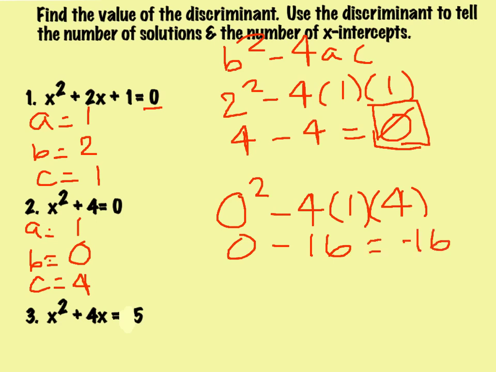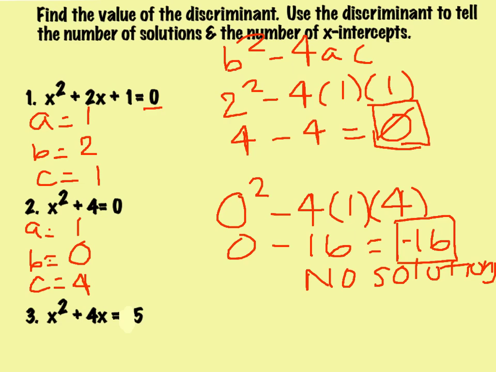Again, this is not the solution to the quadratic formula, but because the discriminant is negative, it tells you that there are no solutions, which also means there are no x-intercepts.